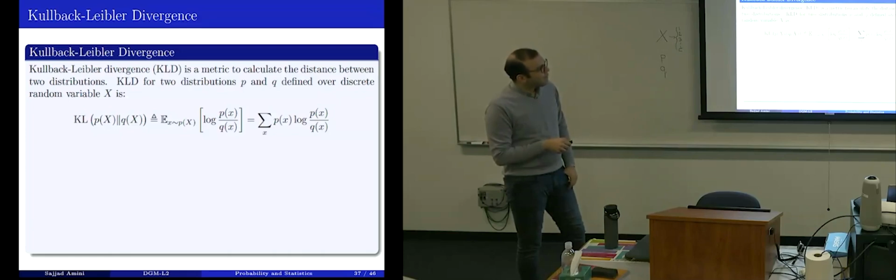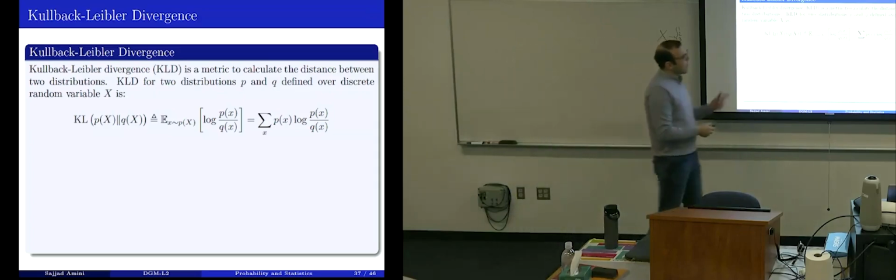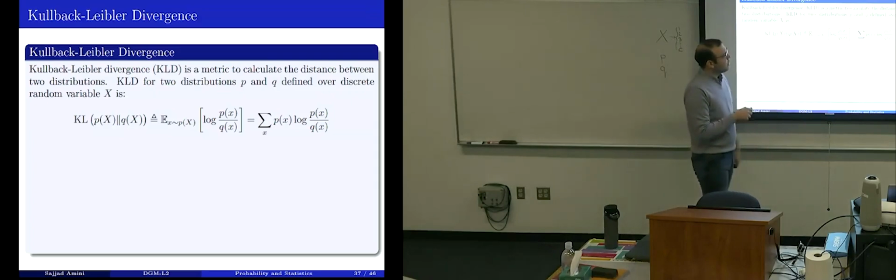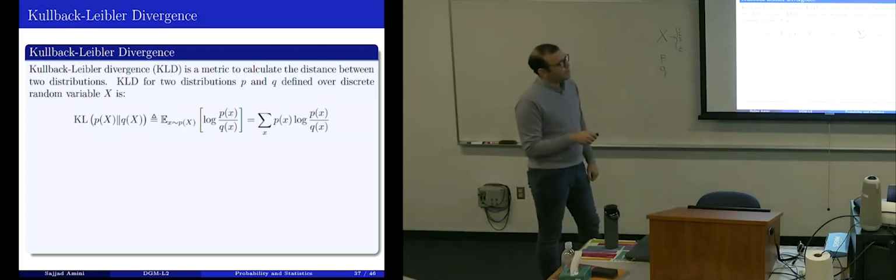It is the expectation of this value over the samples coming from the first distribution. What does it mean? It says to start sampling from your first distribution P of x, and then calculate this ratio between those samples. Each of these distributions assigns a probability to that sample.